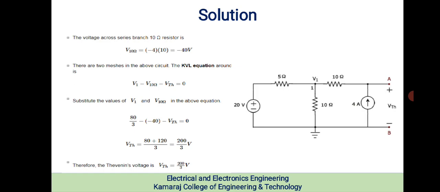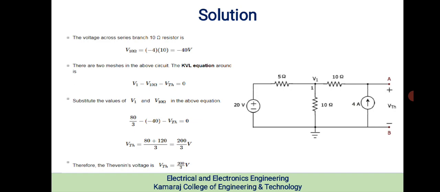10 ohm resistance. So now we know the V1 voltage and the V10 ohm voltage, so we can easily find the terminal AB voltage by using the Kirchhoff voltage law equation. Here I am taking V1 as positive direction, so both are minus, that means a drop value.